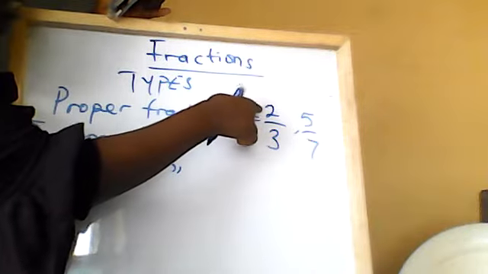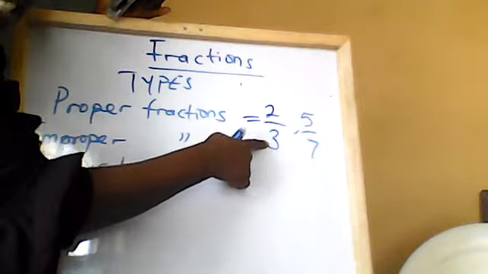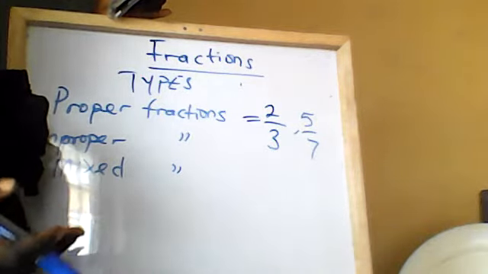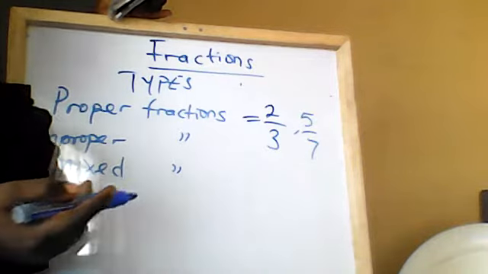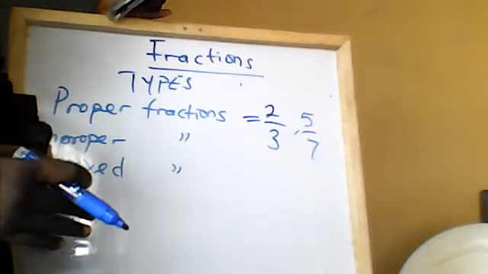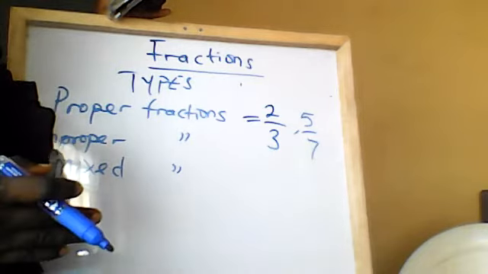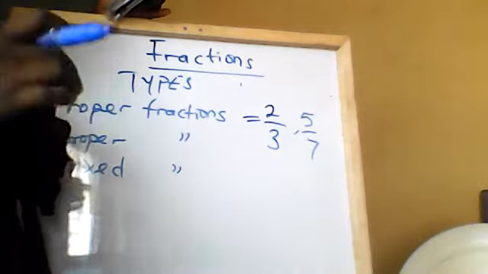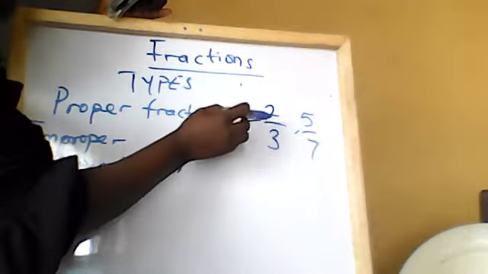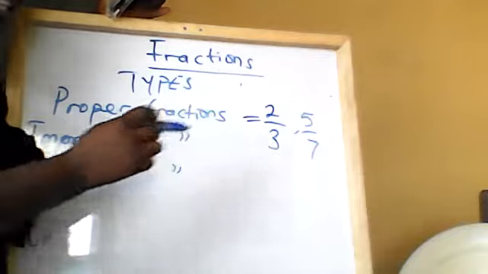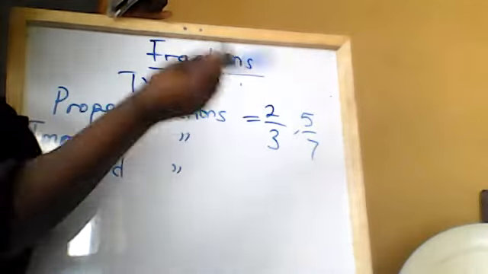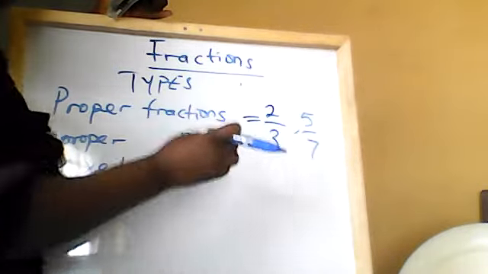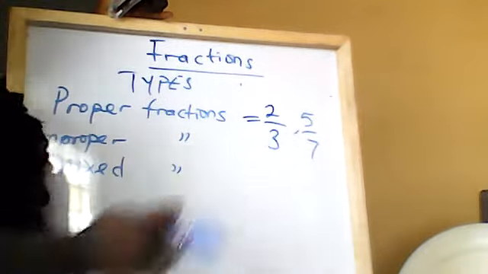Like a mom is supposed to carry a baby, not a baby carrying the mommy. So think of 2 as a baby, while 3 is a mommy. It's bigger. So proper fractions have the numerator smaller than the denominator.